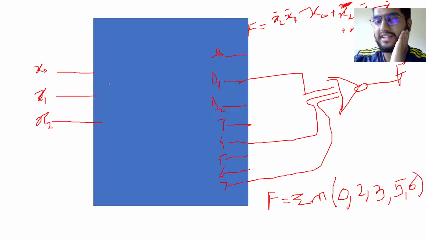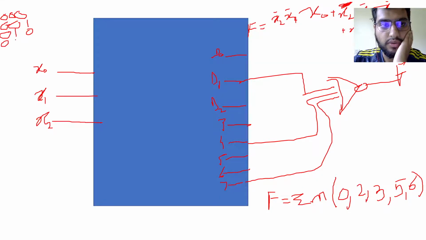So let's just check. Let's check the 0, 0, 0 case. Let's draw a truth table to elaborate for some cases. Let's try four cases: 0, 0, 0, 0, 0, 1, 0, 1, 0 and 0, 1, 1. So this is our minterm 0, minterm 1, minterm 2, and minterm 3.